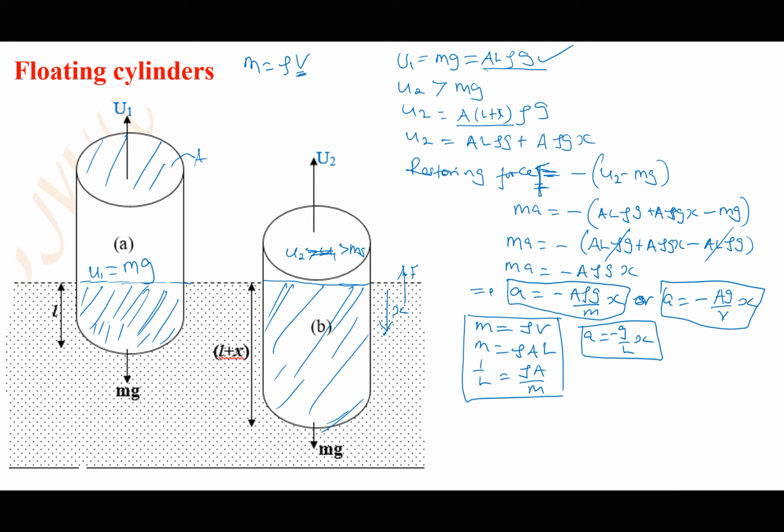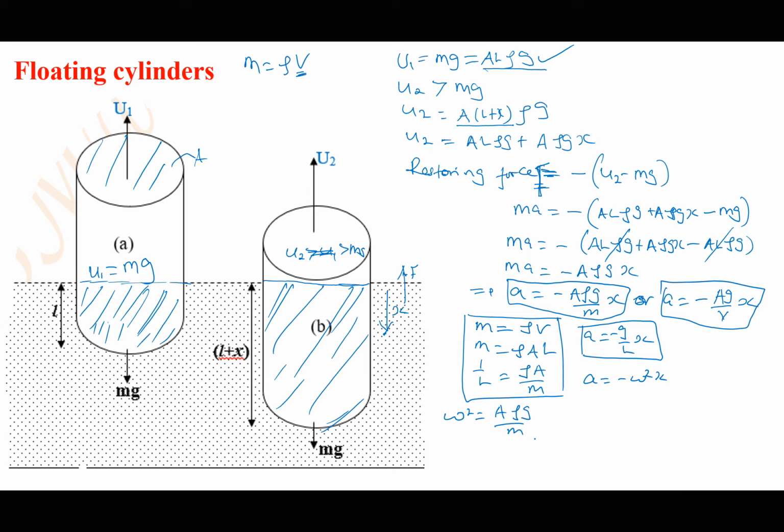Our task now remains to find the frequency and the period where necessary. I'll not use all these expressions, I'll just choose one to find maybe the period. I'll use only the first expression which I derived. Comparing that with acceleration equal to negative omega squared times x, it means omega squared is equal to A rho g over m.